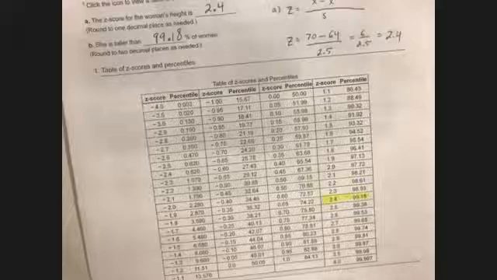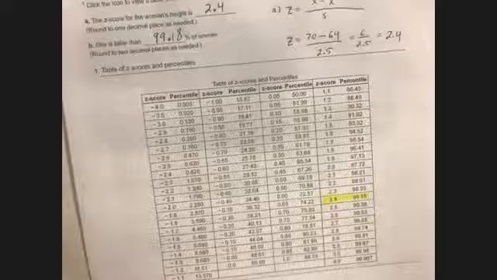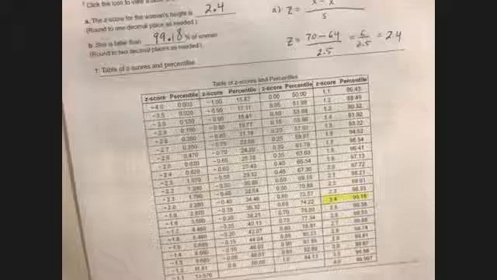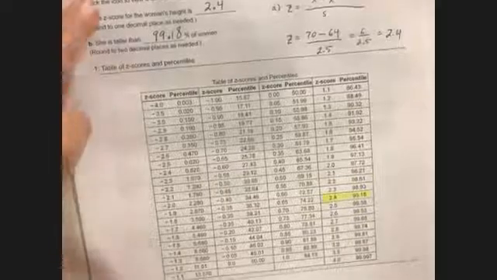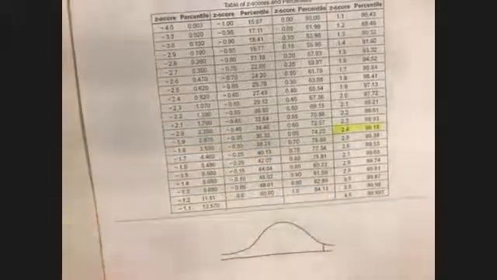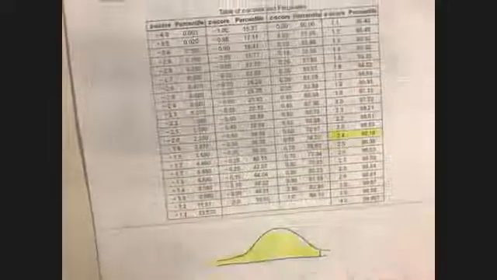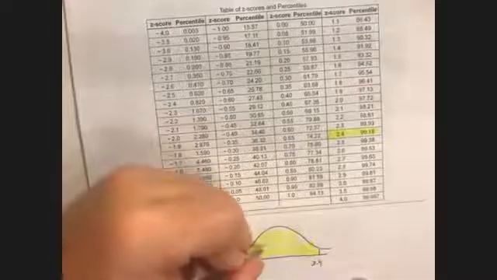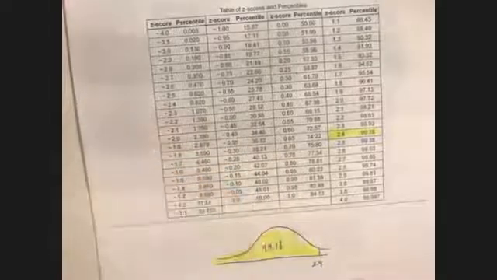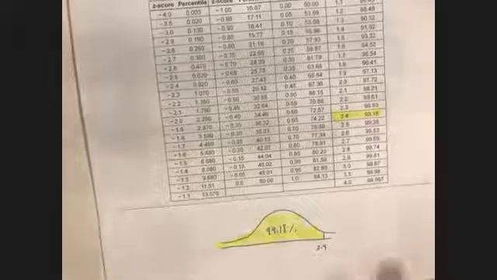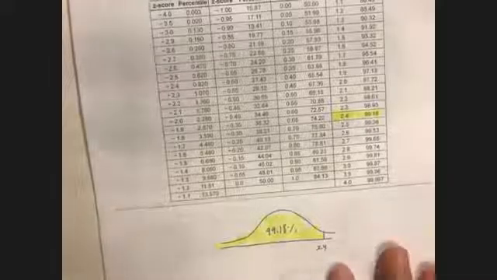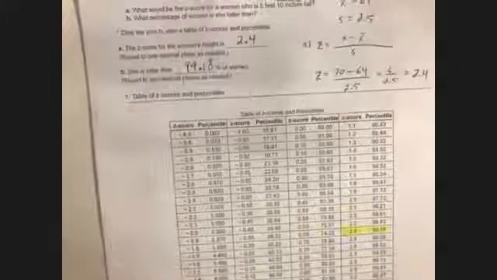Had it been what percent is taller than her, we would have to do 100% minus this number. But because we're looking for things less than, that corresponds to 99.18%, which is a lot. A z-score of 2.4 means that 99.18% is less than that z-score. Okay, we're going to stop the video there. This is probably a long one.